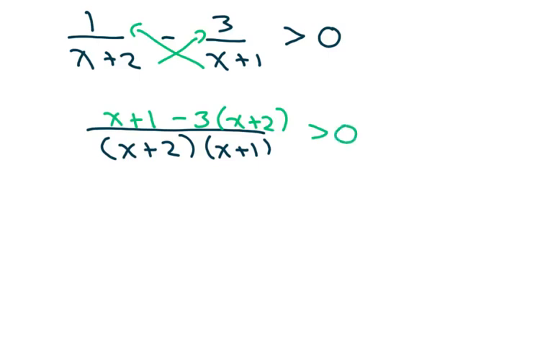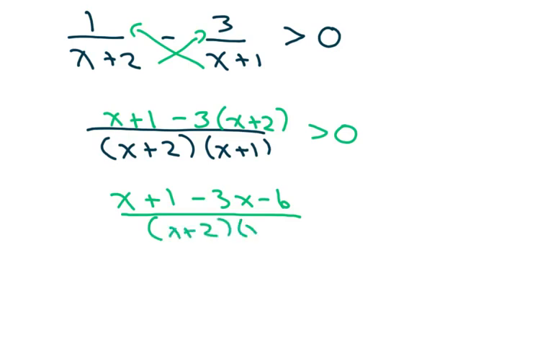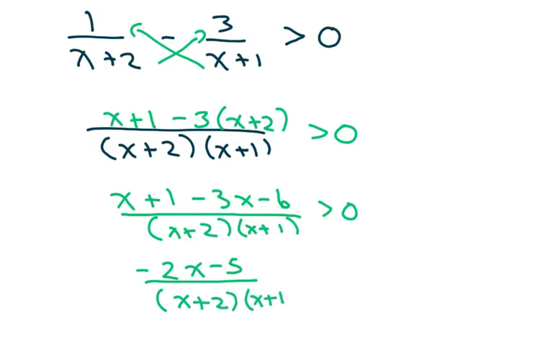And now simplifying, you get x plus 1 minus 3x minus 6. And simplifying, we're going to get negative 2x minus 5 over x plus 2 times x plus 1 is positive.